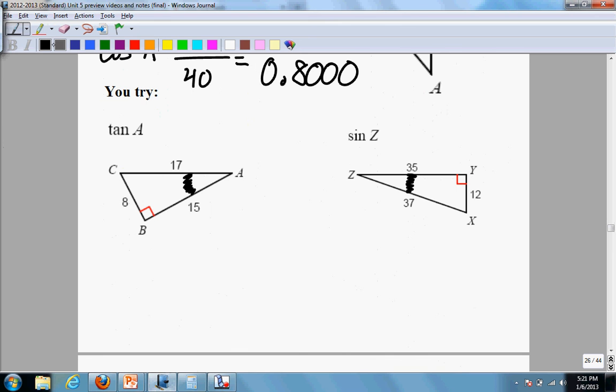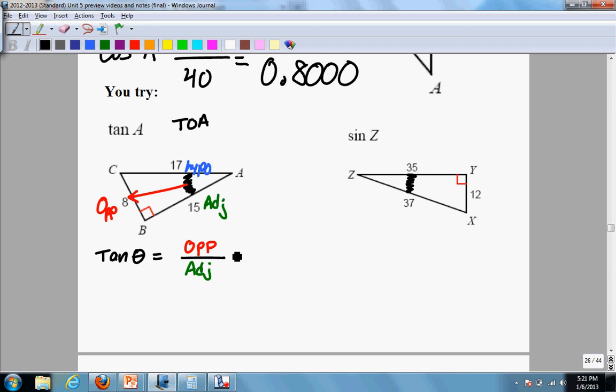Okay, the definition of tangent: the tangent of an angle equals, it's TOA, T-O-A, opposite over adjacent. That's the basic definition. Now let's look here. From angle A, 8 is the opposite, and 15 is the adjacent. 17 is the hypo. That's not in play when you're using tangent.